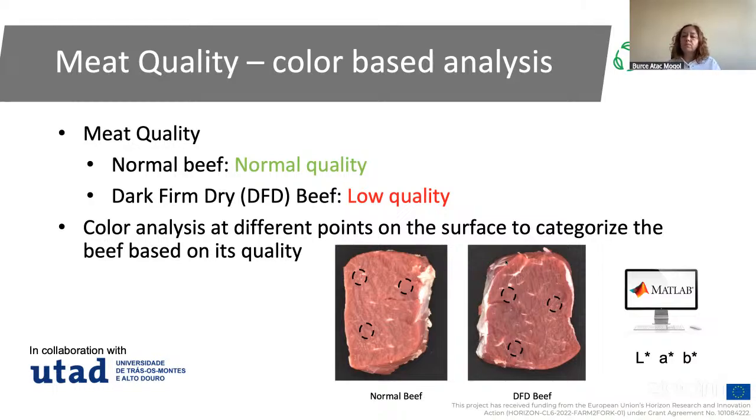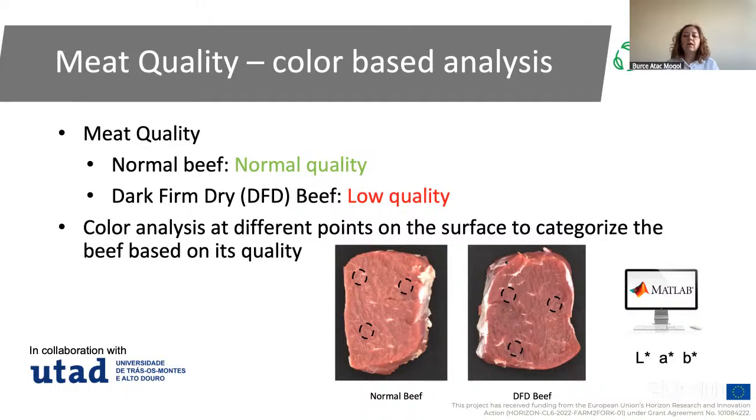Just before the slaughtering or after, within 24 hours, there is a quality change in the beef or meat, and it can be a normal quality beef, but it can also go to low quality beef, which can be, for example, dark firm dry, DFD, beef.